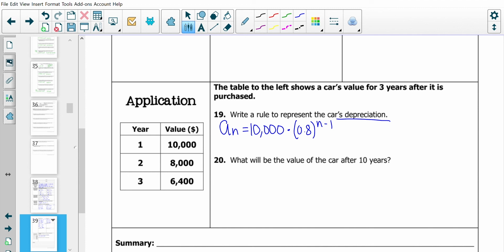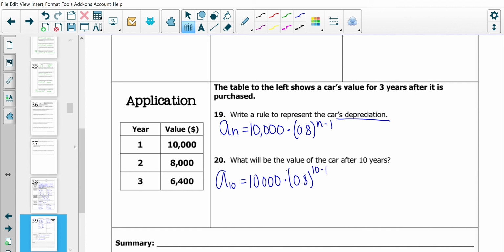On 20, it asks us what the value of the car will be after 10 years. So 10 is what you plug in. So n is 10. We have a sub 10 equals 10,000 times 0.8 to the power of 10 minus 1.